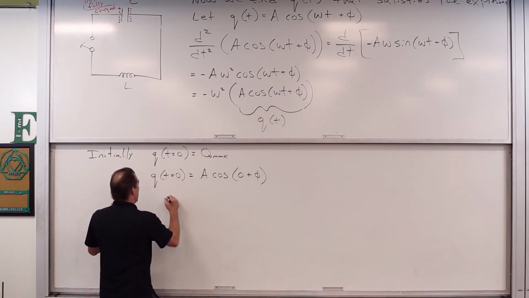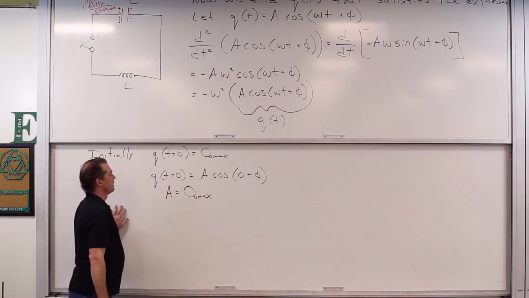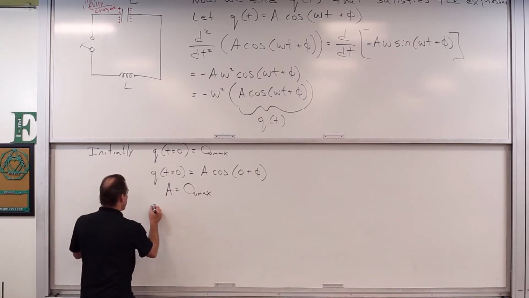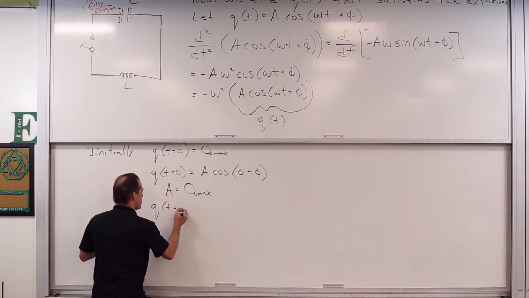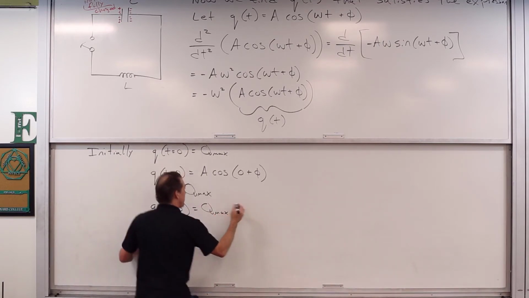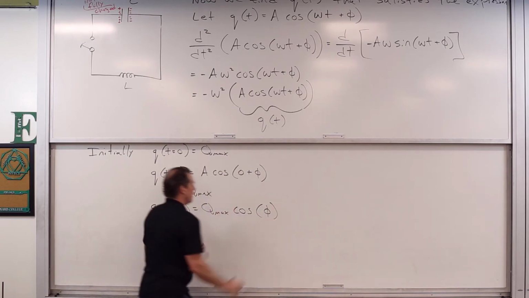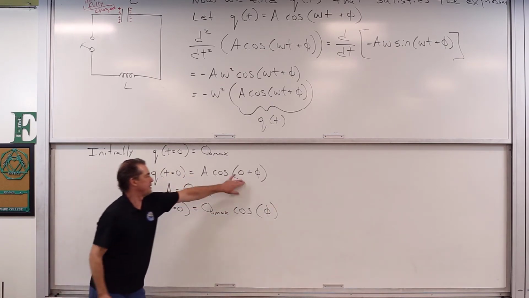Number one, A is equal to Qmax. So now we can have this, Q of t equals 0 is equal to Qmax times the cosine of phi. We don't need the 0 there anymore.